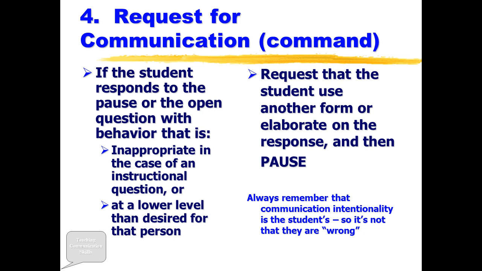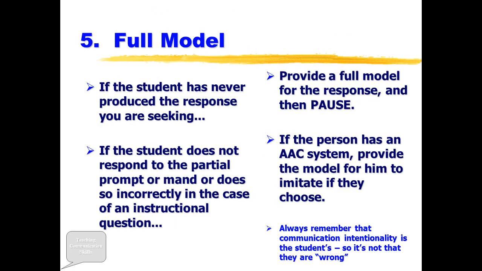If they haven't communicated yet at this point, it's not that they're wrong by not communicating, but you can then suggest at a full model level where you're doing hand under hand, or something that's least invasive, but you're giving them more of an idea of something to choose from. So that would be that kind of a 5-level prompting hierarchy. And remember that intentionality needs to come from the student. So you're just making suggestions along this path.